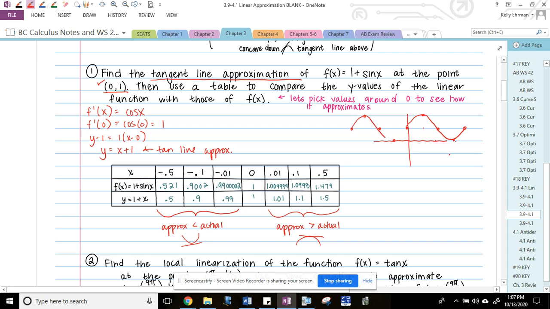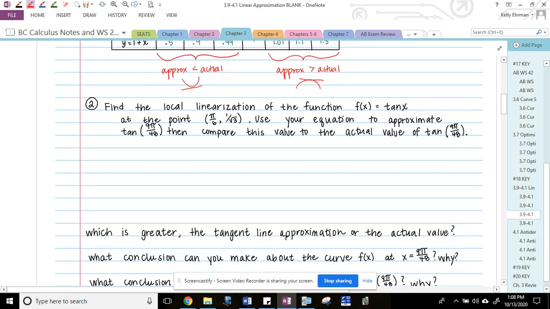Okay, so yeah, at 0, this 1 plus sine x graph does switch from concave down on the right to concave up on the left. And so at 0, that is a point of inflection. So that is why, depending on which side of the point of tangency that we're looking at, the approximation changes from being an underestimation to an overestimation.